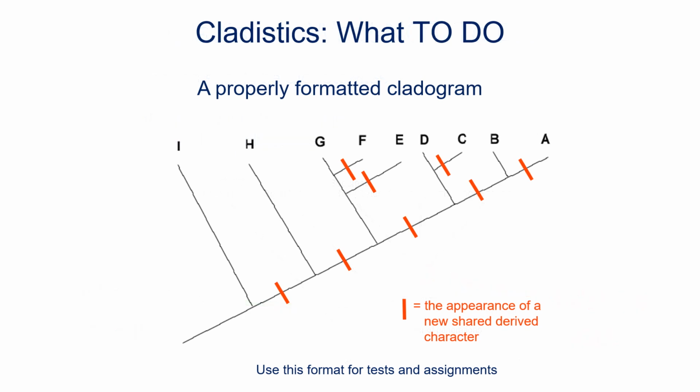I think for our purposes, this is probably the simplest cladogram format to use. So if you have a question on an assignment or a test where you have to actually draw a cladogram, use this one. Down towards the bottom left, we have the root of our cladogram, and that's where our common ancestor is for everything on the cladogram.